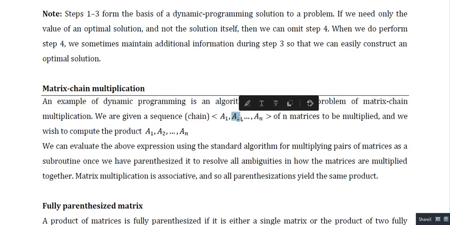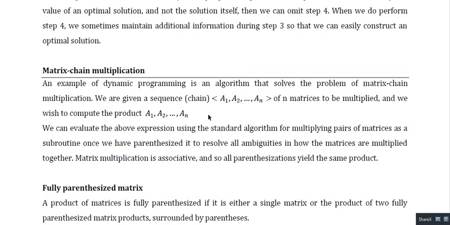Similarly, the column of this matrix should be the same as the row of A3 and so on. So an n cross p matrix can be multiplied with a p cross r matrix to yield an n cross r matrix, right?